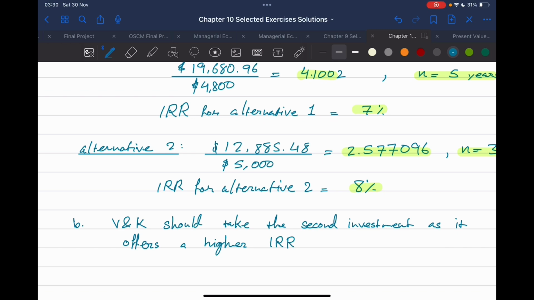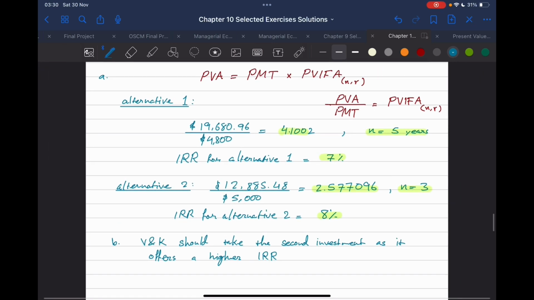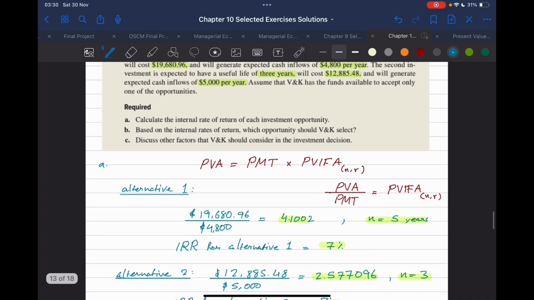Okay, especially that if you remember the question told us that V&K can only take on one of these, so they cannot really take both investments. Okay, so based on that, the second investment, or alternative 2, offers a higher internal rate of return, and because of that, V&K should take the second investment. All right, so that's part B.